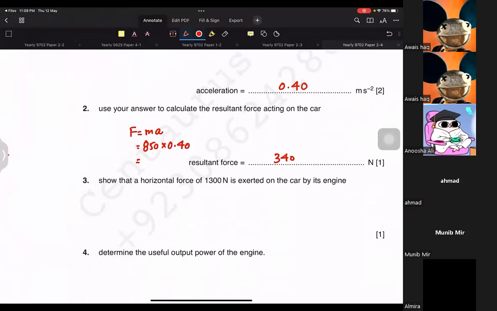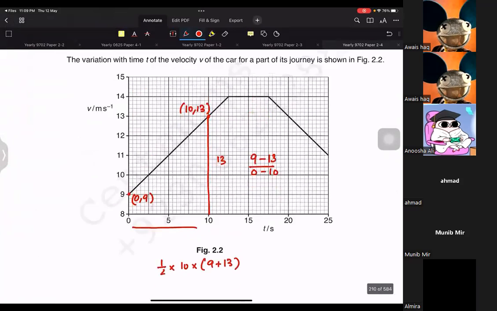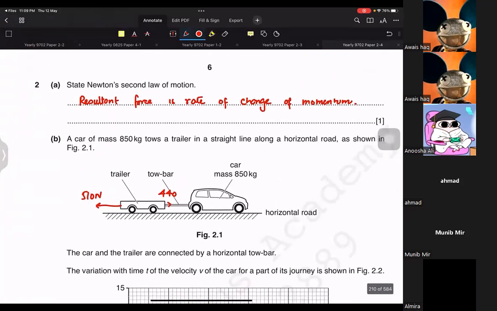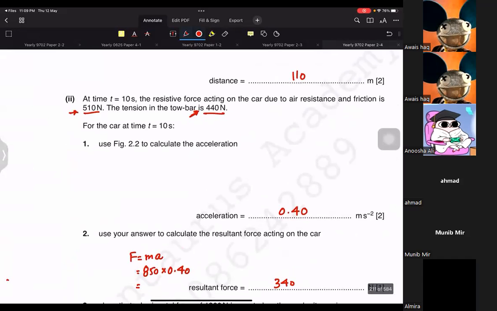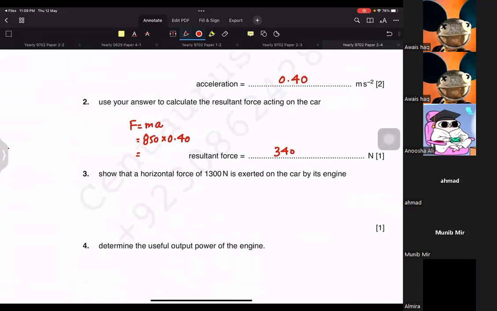Now, show that the horizontal force exerted on the car by the engine is 13. Right. So first of all, there's a tension in the tow bar, and of course the car is pulling this. So we're looking at the car only. When the car pulls this, the car feels the tension here as well. So that's 440. There's a resistance force, and it says you need to show it.